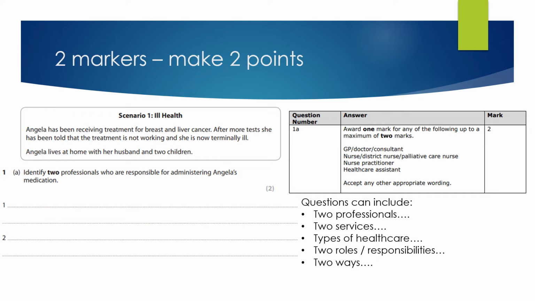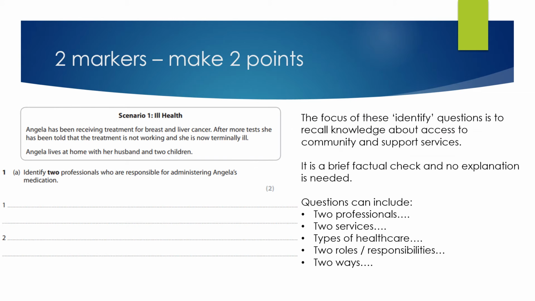I think what's also quite nice about these Unit 2 papers is you can see over here the wording, accept any other appropriate answer. So really, there is a bit more of a freedom to put anything down. As long as your answer is relevant, it makes sense, it would apply, you can still be awarded marks for it. So that's something that's I think quite good about these papers.